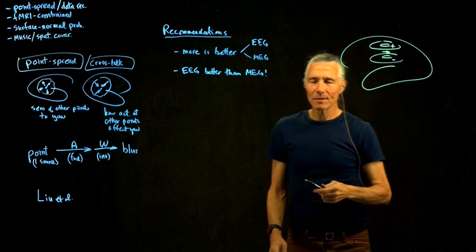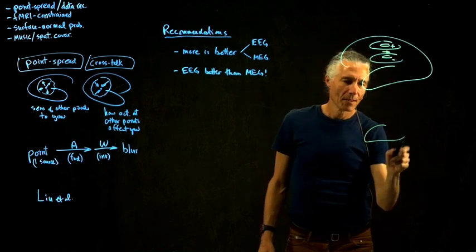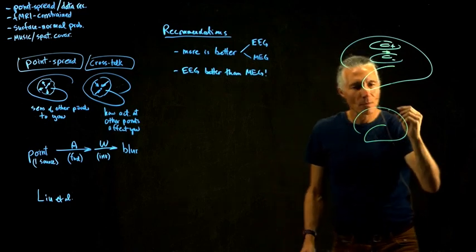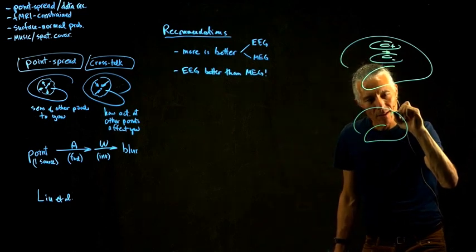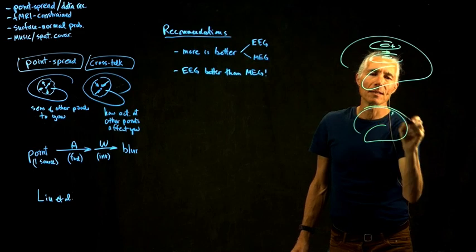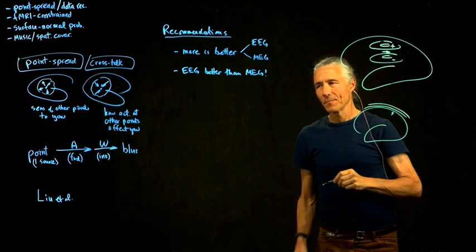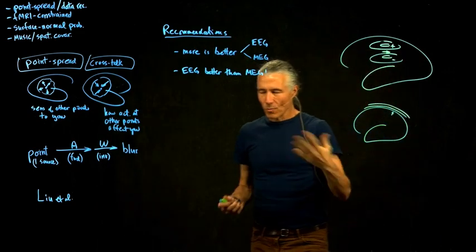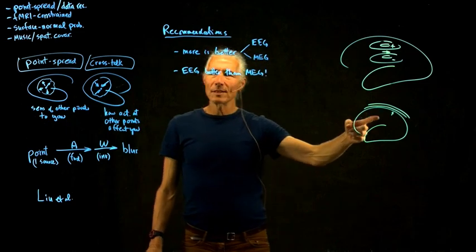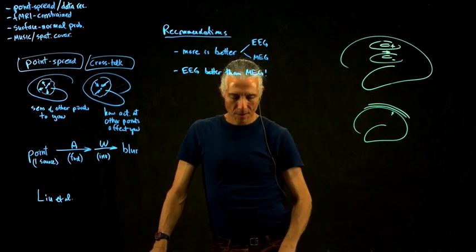It turns out that if a dipole is perfectly radial, perpendicular to the skull, when you work through the forward solution, you'll see that you don't get any signal at all.